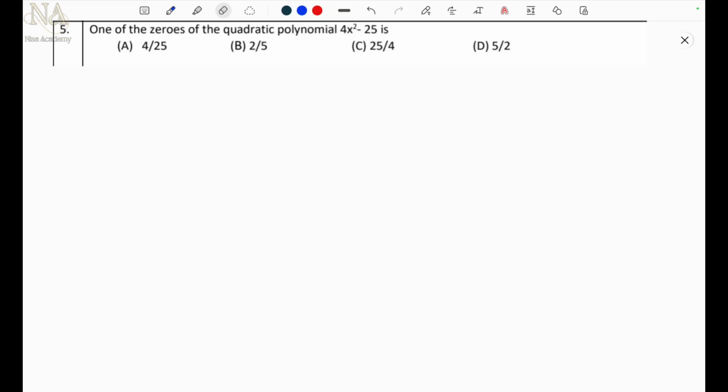Fifth question. One of the zeros of the quadratic polynomial 4x square minus 25 is... Okay, so we know that any number a is a zero of the polynomial p(x) if I put a in the polynomial and the value of the polynomial becomes 0, right?